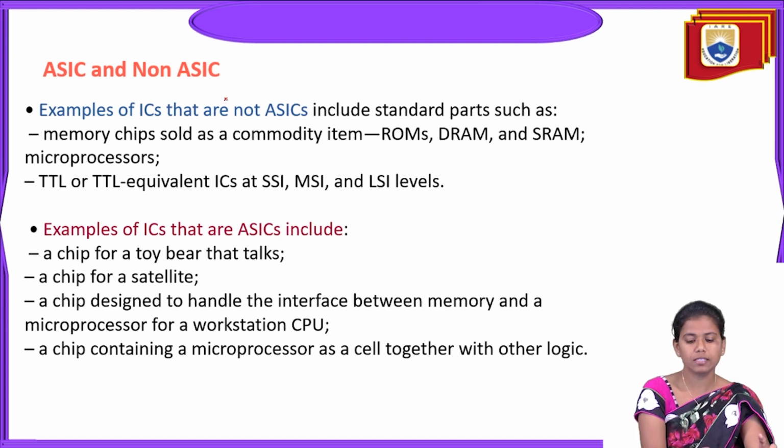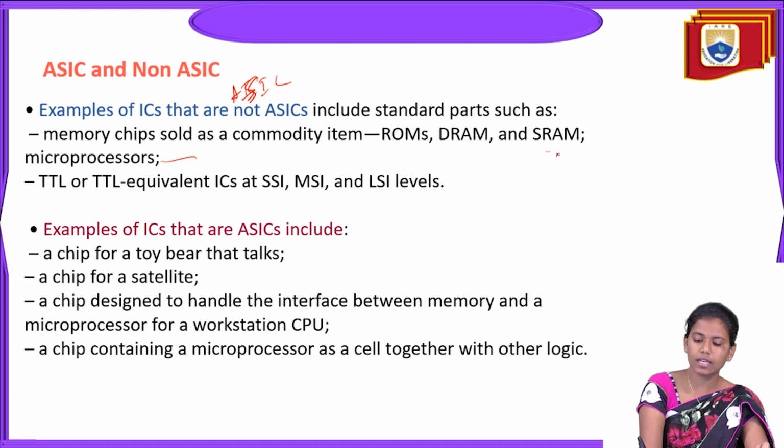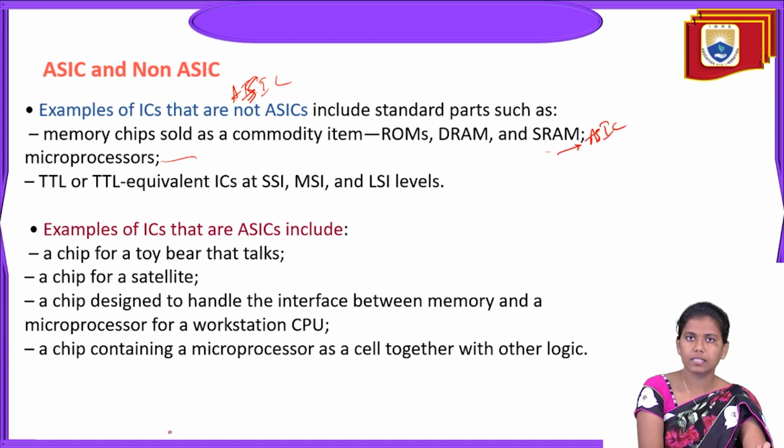Examples of ICs that are not ASICs include memory chips sold as commodity items, such as ROM, RAM, DRAM, SRAM, and microprocessors. Also TTL, transistor-transistor logic, TTL equivalent ICs at small scale integration, medium scale integration, and large scale integration levels.